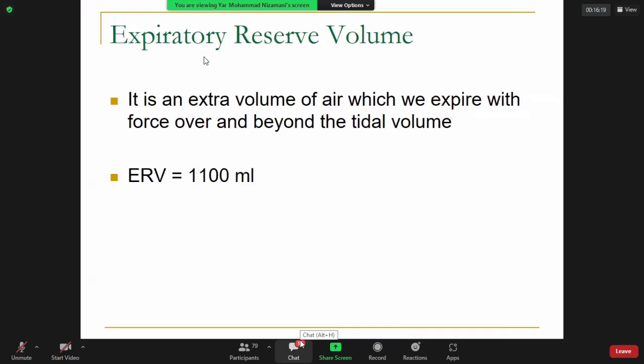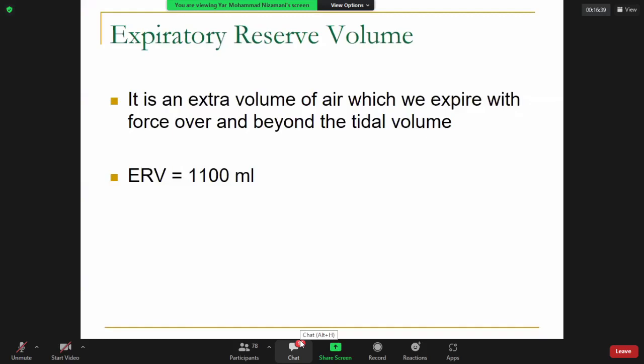The third volume is expiratory reserve volume. ये inspiratory reserve volume का उल्टा है. कितना जोर से आप एयर बाहर निकाल सकते हैं. Expiratory reserve volume is an extra volume of air which we expire with force over and beyond tidal volume. Inspiratory reserve volume क्या था?